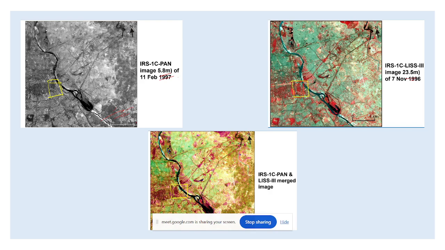But if you zoom in, especially this area which was mentioned to be the golf course, because of the pan image we are able to see the individual holes that are present in the golf course. The merged image will contain that information also, because the FCC image was not giving that information. So that is one benefit of image merging or fusion.